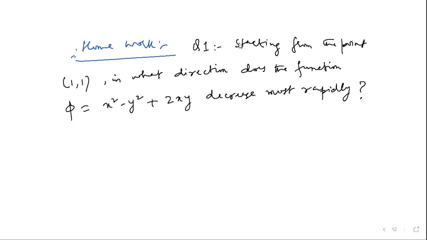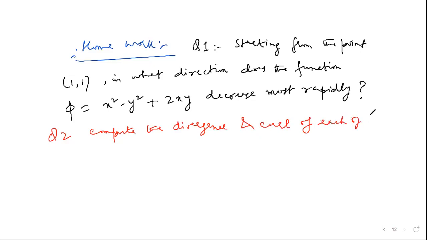Then my question 2 goes like this. Compute the divergence and curl of each of the following vector fields.